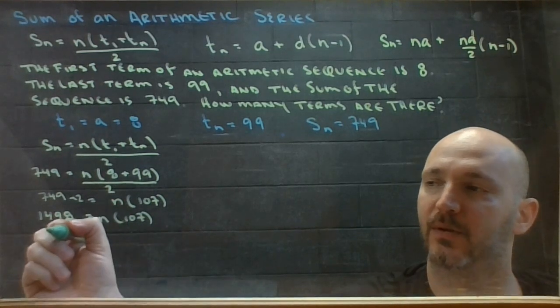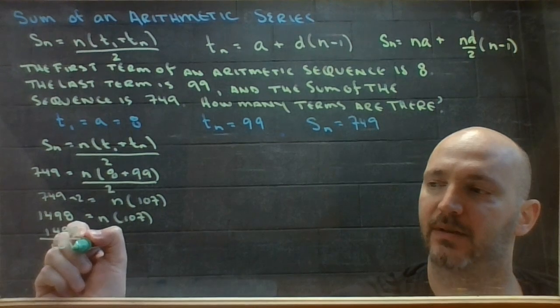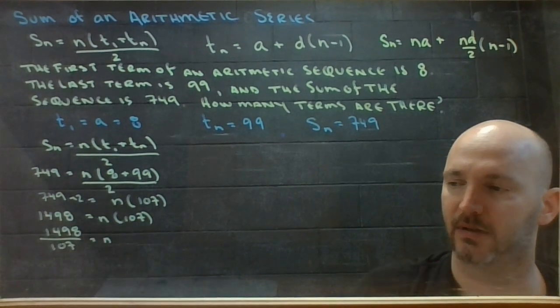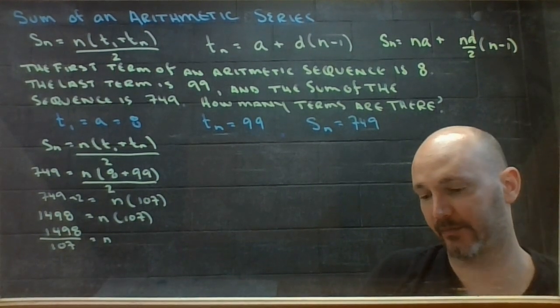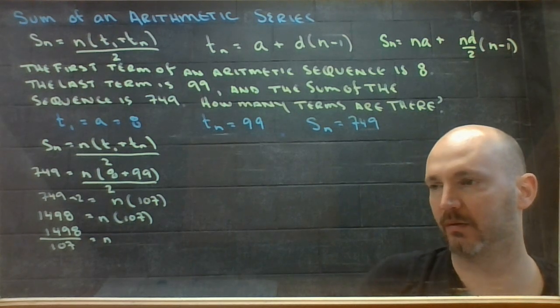So I take 1498 divided by 107, and I should get my n. 1498 divided by 107 gives me 14.